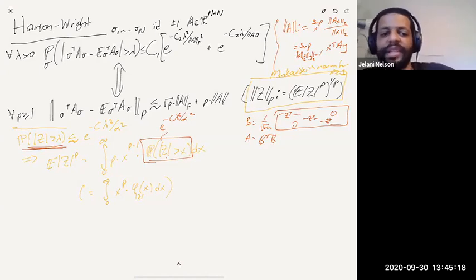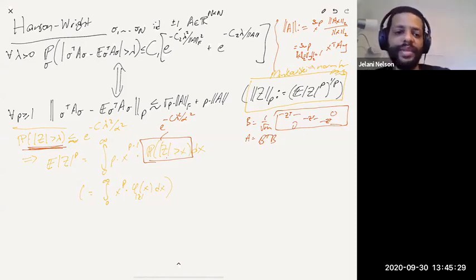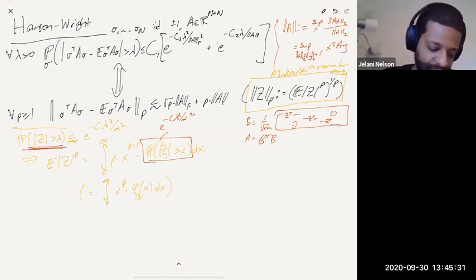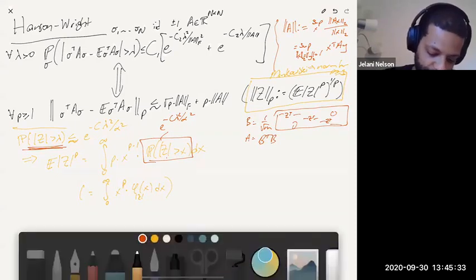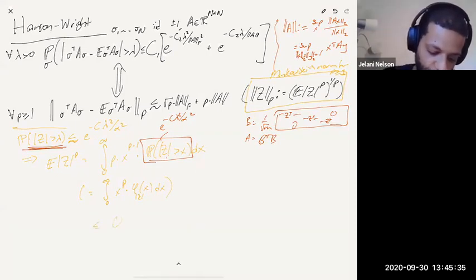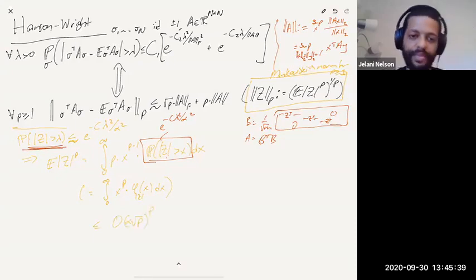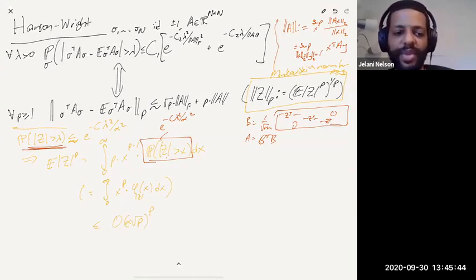This is exactly the pth moment of a Gaussian, and you can look it up. The moments of a Gaussian are known, and you can prove that this is at most O of alpha root p to the p, just based on Gaussian moments.